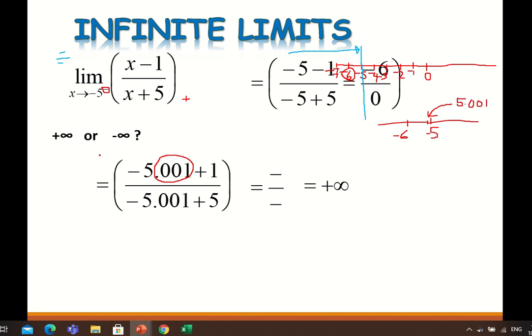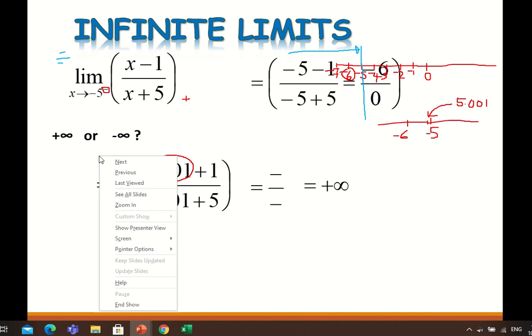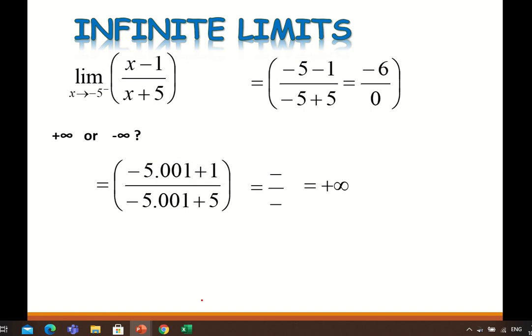Alright, so I will erase this part here just to give you a second view. Okay, so this is the direct substitution for x equal to 5. Okay, so this becomes minus 5 minus 1 minus 6 minus 5 plus 5, 0.